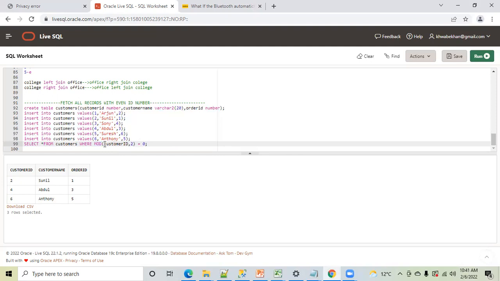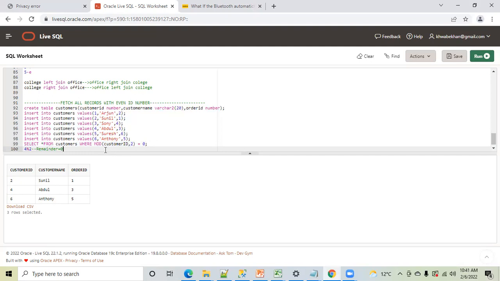If you divide customer ID by 2, the remainder should be equal to 0. And this is the case of even numbers. If you divide 4 by 2, how much remainder do you get? 0.